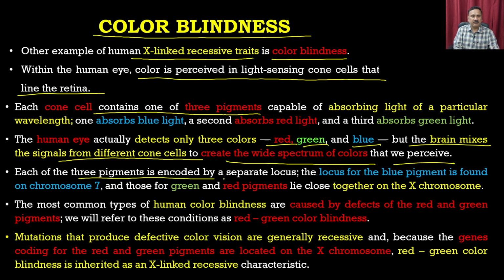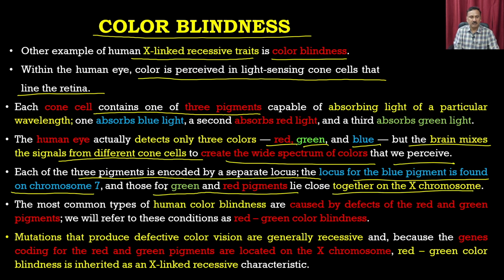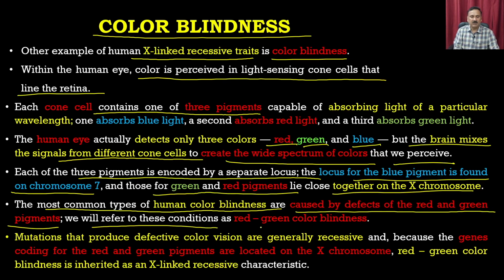Each of these pigments is encoded by a separate locus. The locus for the blue pigment is found on chromosome number 7, and the loci for green and red are close together on the X chromosome. The most common types of human color blindness are caused by defects of the red and green pigments, and we refer to those conditions as red-green color blindness, because the region coding for the red and green pigments is very close together on the X chromosome.